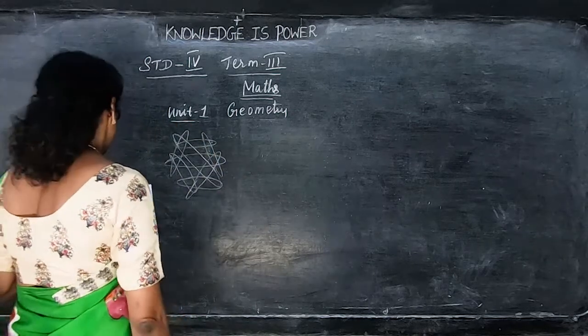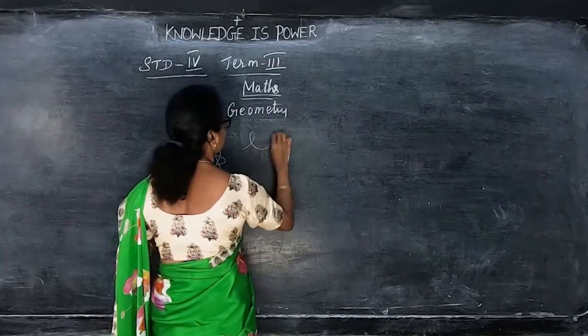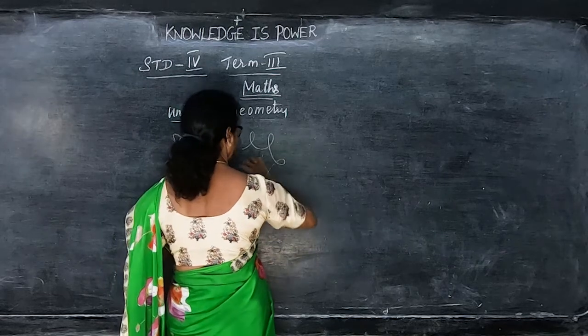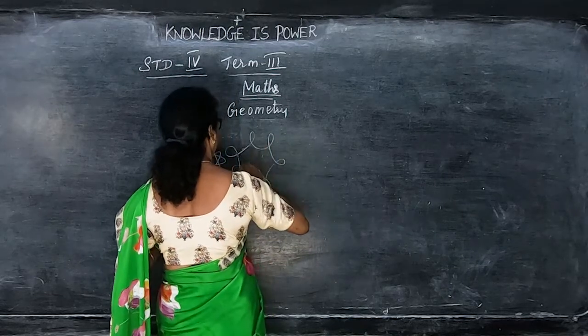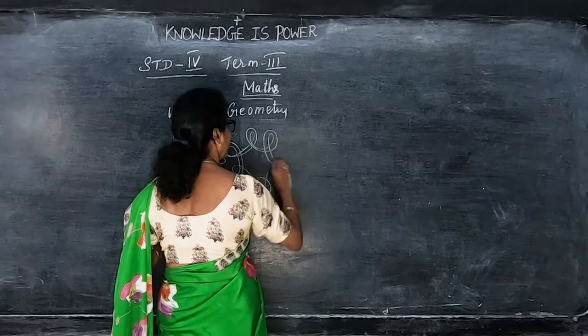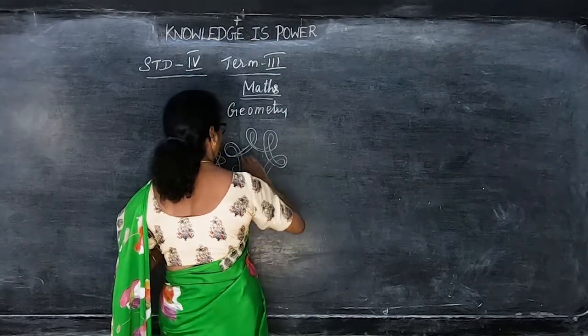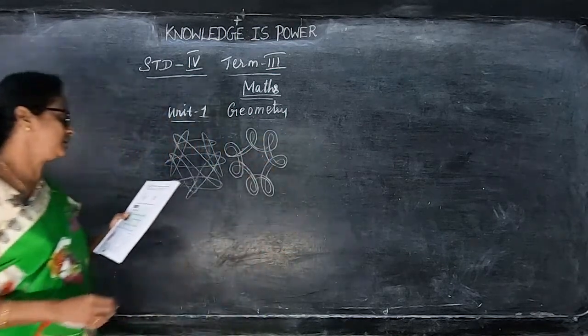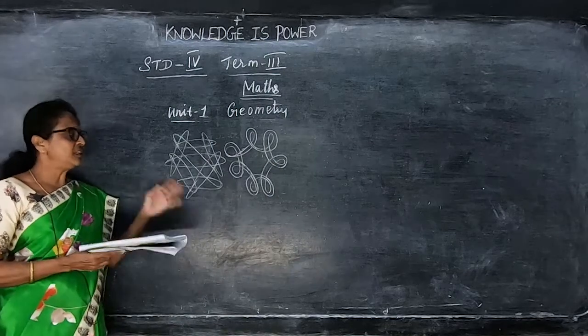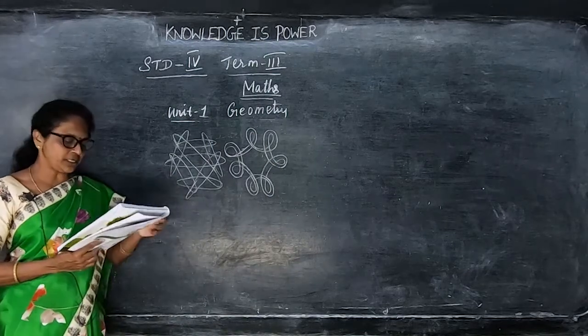So 3 lines you can draw, or else again the same double shape. So any shape on your own you can draw like this. This is to differentiate the comparisons of the drawings. You can draw any shapes.